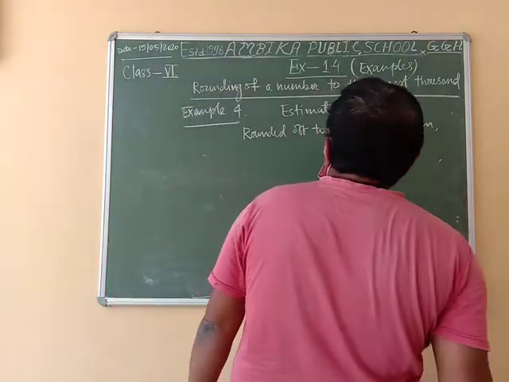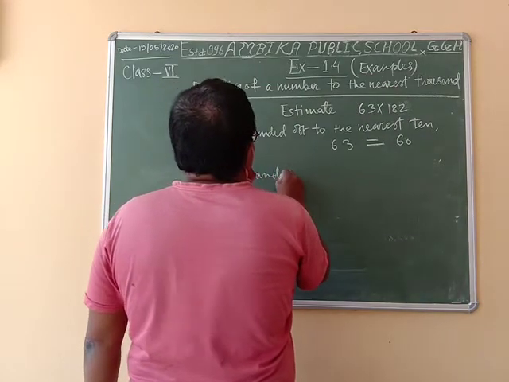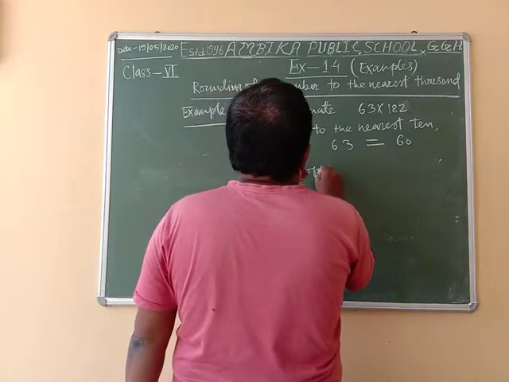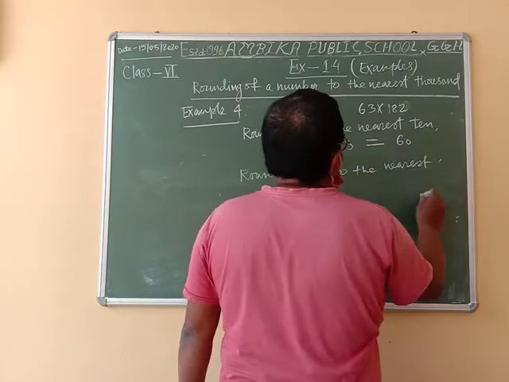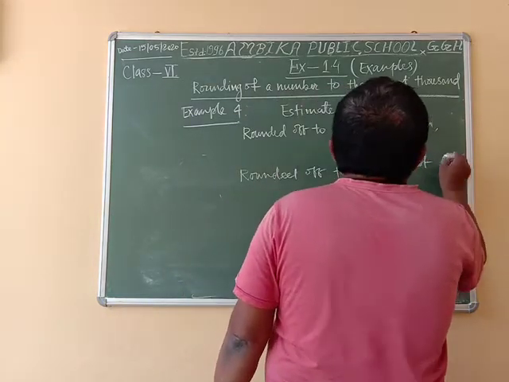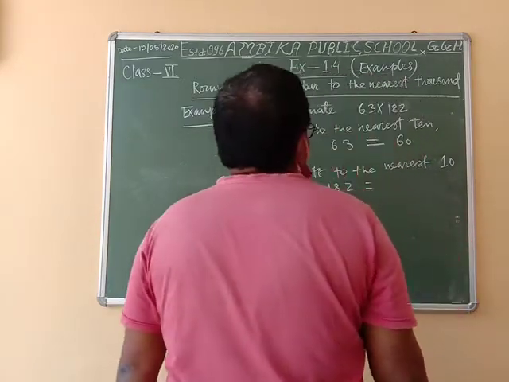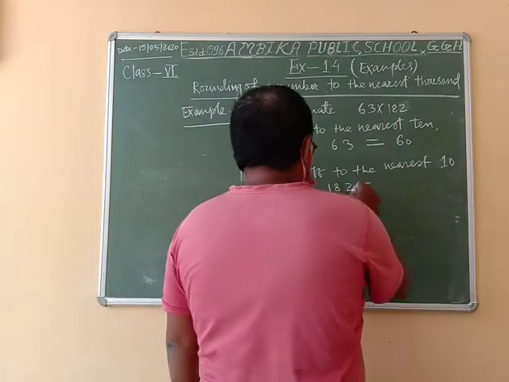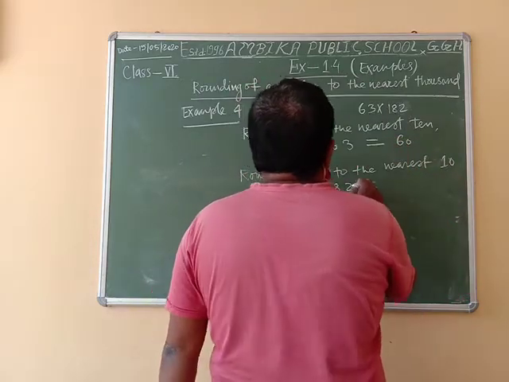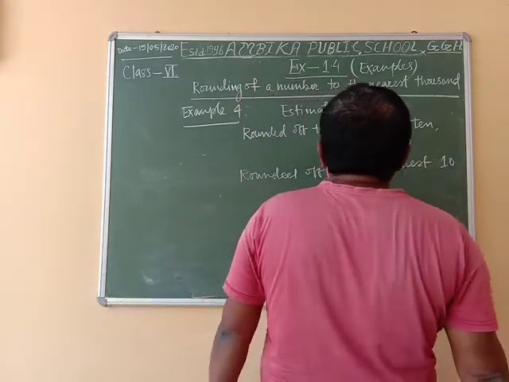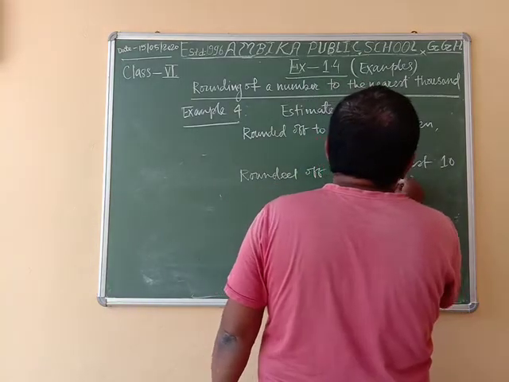Rounded off to the nearest 10, 182 is equal to 180, because the one's digit is less than 5, so we replace it by 0.